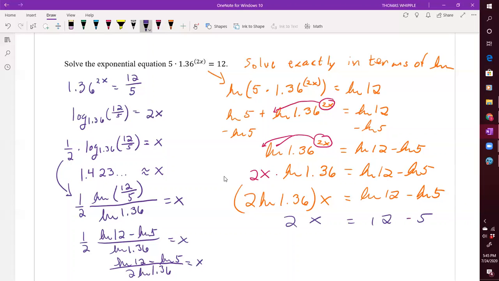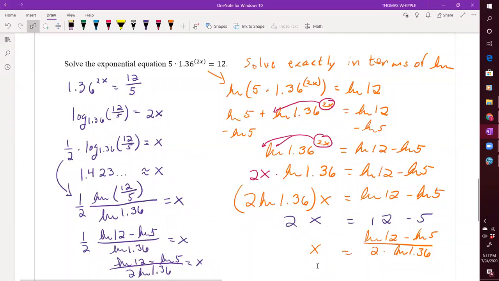We're basically going to do the same thing to solve it, right? We're just going to divide to get x by itself. So x equals the natural log of 12 minus natural log of 5, all divided by 2 times the natural log of 1.36. And so there we go. We have the same answer.